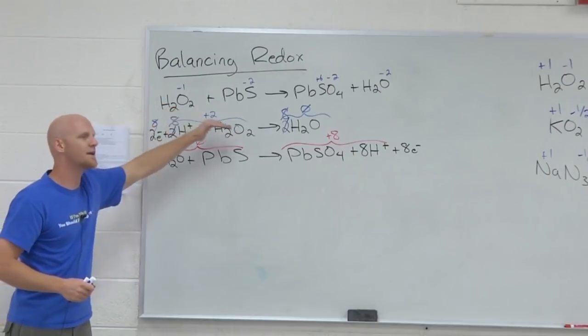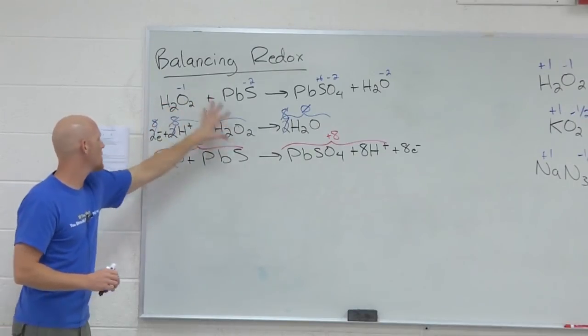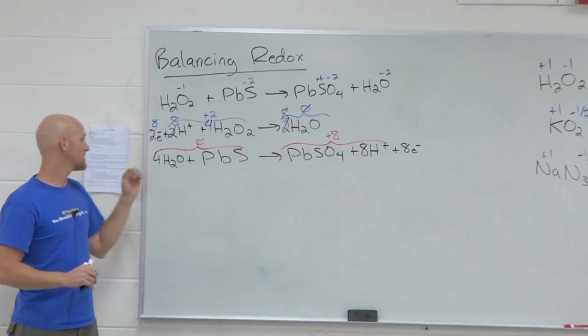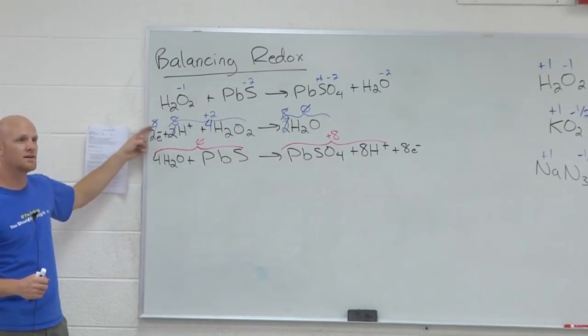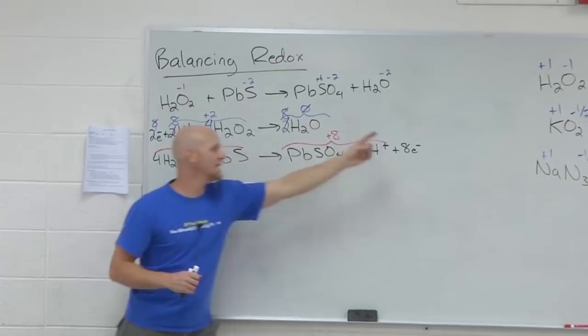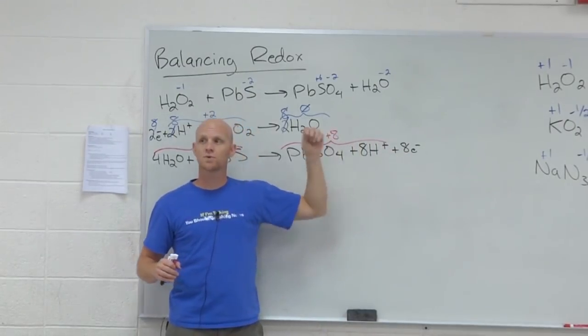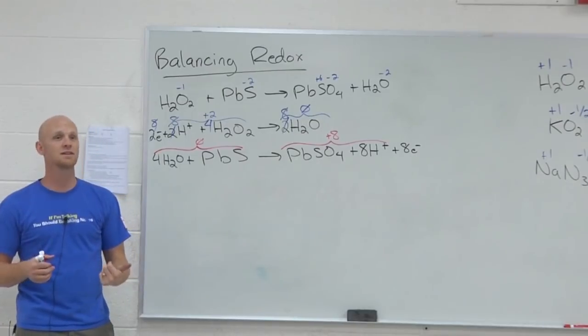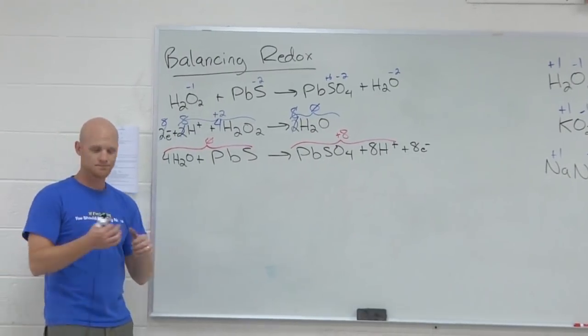And now you add them back together, combining all the reactants on one side and all the products on the other. Because now I have 8 electrons on one side of this one and 8 electrons on the other side from this one, they're going to cancel. And in any properly balanced complete reaction, the electrons should not be there anymore.